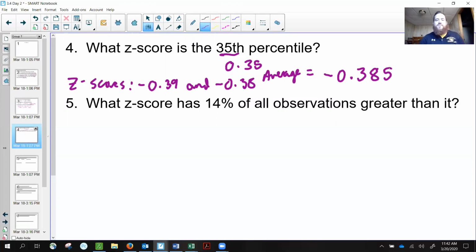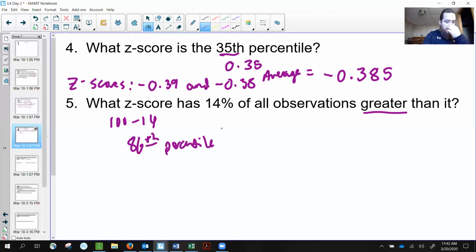What z-score has 14% of all observations greater than it? That means 14% are bigger than it. How much are less than it, or the percentile? Well, we would do 100 minus 14 and get the 86th percentile, or a table value of 0.86.